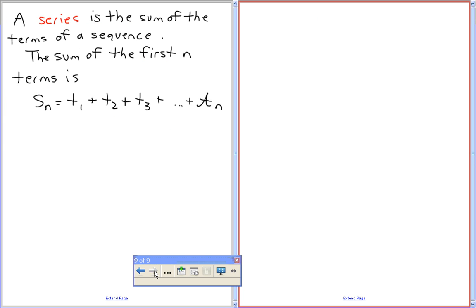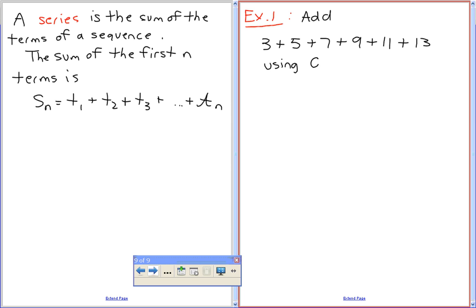Example 1, I guess we'll do, or warm-up example 1, we'll call it. Okay, we want to get to a general term here eventually, but I want you to start just using Mr. Gauss's method there first, and then we're going to confirm with your calculator.